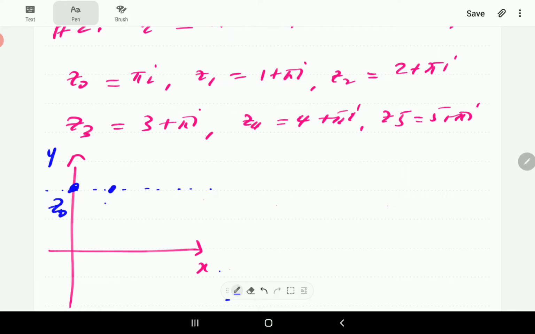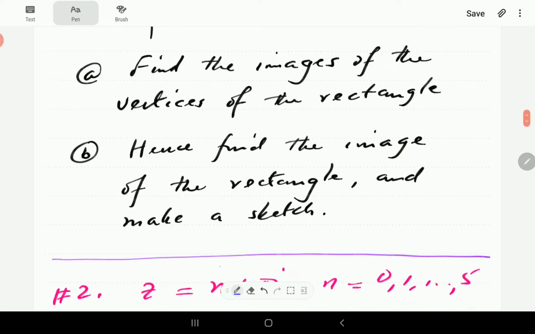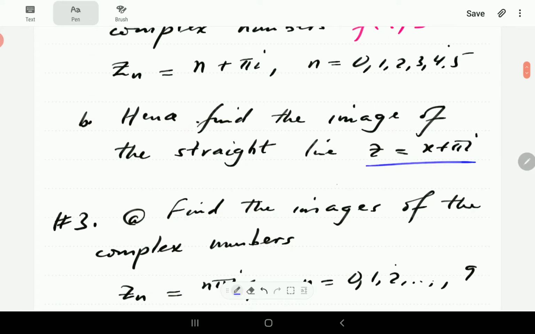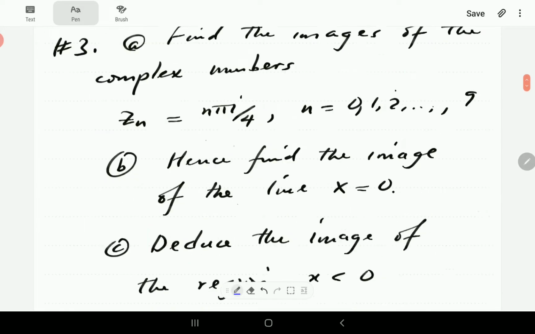Then of course z1, so this is 1 here, z2 is 2 here, z3, z4, and z5. Okay, so they're all along the horizontal straight line, which is specified here.